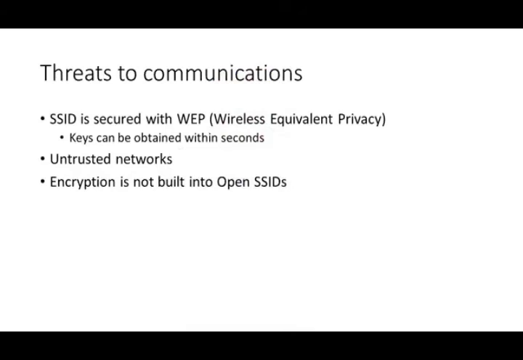We also have threats to communications. An SSID that is secured with WEP, which stands for Wired Equivalent Privacy, is actually a very weak protocol for security. So keys for accessing that network could be obtained in a matter of seconds.